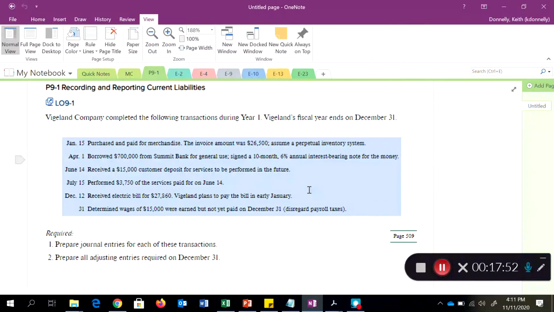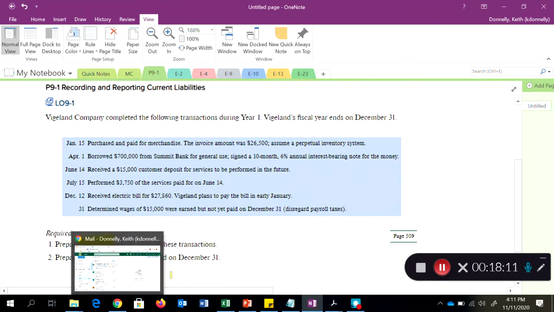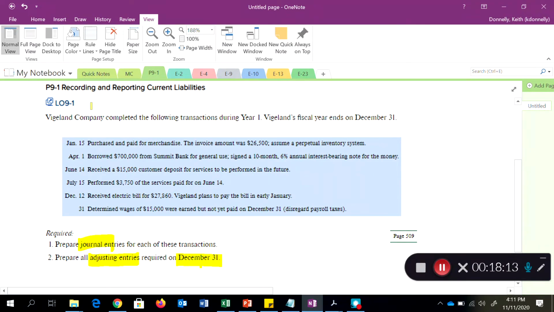Its fiscal year ends on December 31st. So basically it did the following things during the year, and it has a year end of 12/31, a calendar year end. They want the journal entries for each one of these transactions. Also, they want the adjusting entries on 12/31.